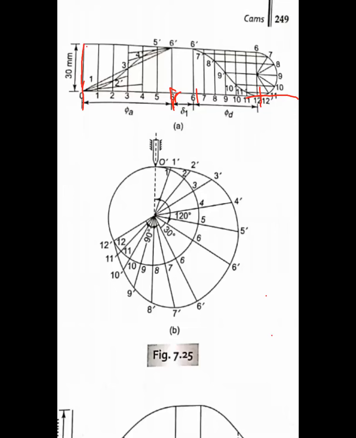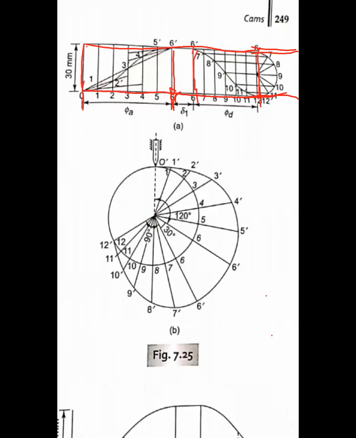Now generate a rectangular block. Now divide the outstroke period, dwell period, return stroke period and remaining dwell.